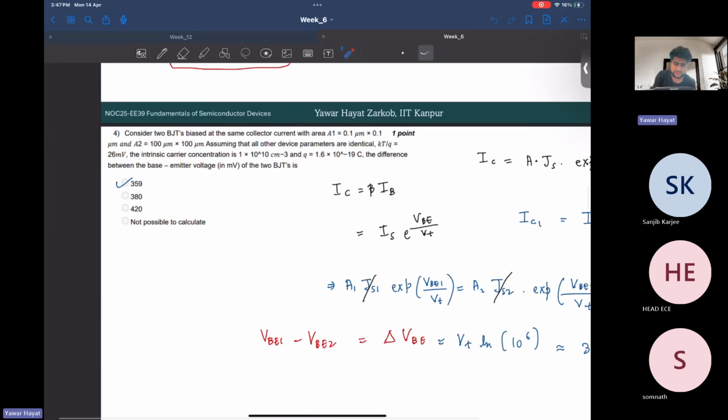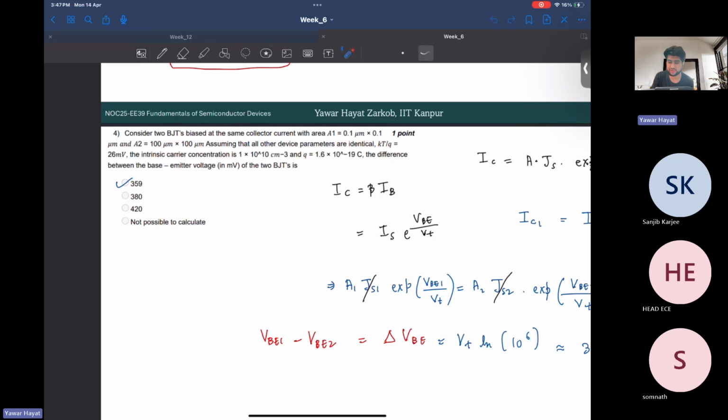So now, consider two BJTs that are biased at the same collector current with areas A1 of 0.1 micrometer times 0.1 micrometer and A2 of 100 micrometer times 100 micrometer.